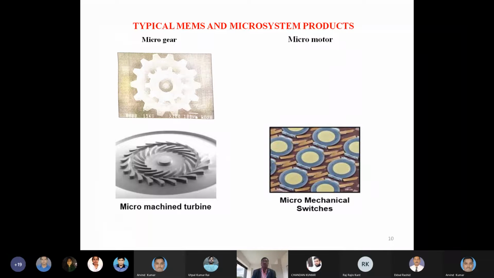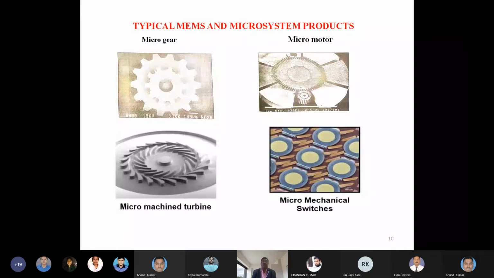And we have other applications in micromechanical systems, such as the micro gear. These micro gears are very small in size, and the pitch of the gear is on the order of 100 micron.